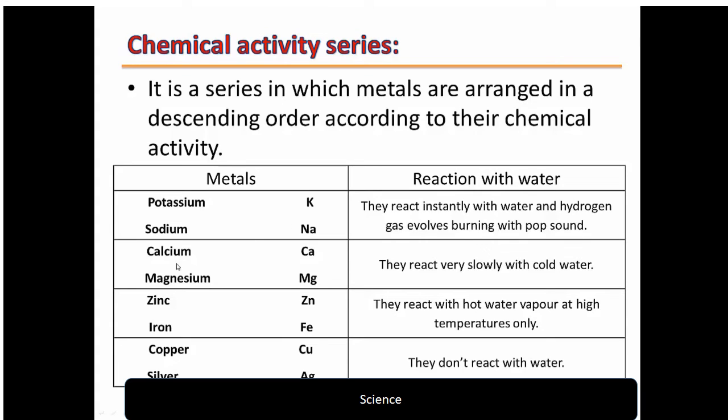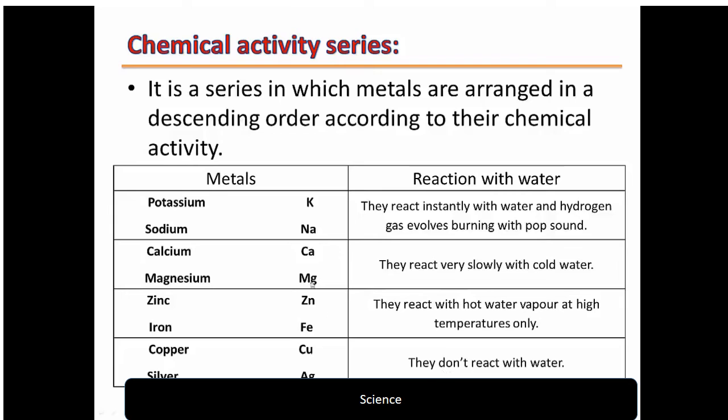The second category contains calcium and magnesium. They react very slowly with cold water. The third category contains zinc and iron, and they react only with hot water vapor at high temperatures only. The final category contains copper and silver, and they don't react with water at all.